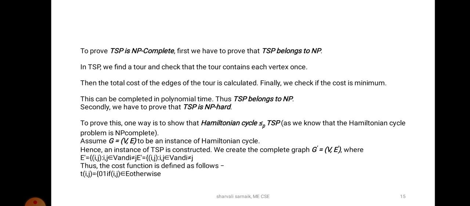Like if there is a connection between one city and another city, like between Kolhapur and Pune, then we will mark it as a 1. If there is no connection between Kolhapur and Pune, we will mark it as a 0. So this is how we will be calculating the traveling salesperson problem.